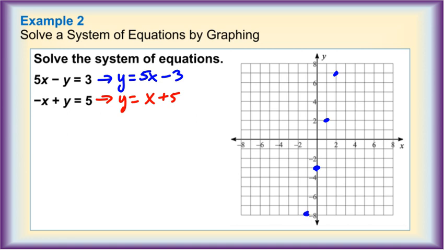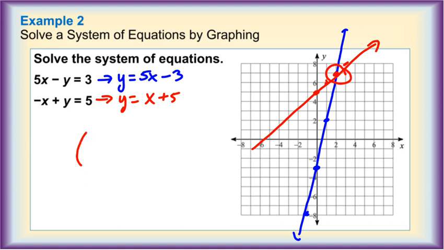So there's my points, now I can draw my line. And the red one, I put a point at 5, has a slope of 1, so up 1 over 1, up 1 over 1. So our line will look like this. Crosses here, only one spot, so this would be at 2, 7.